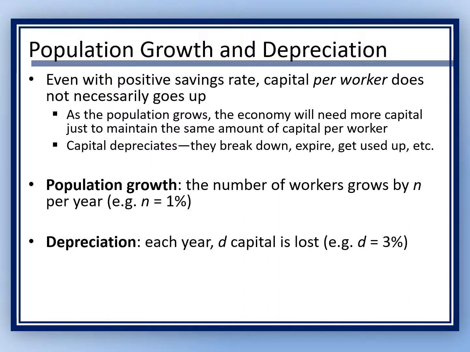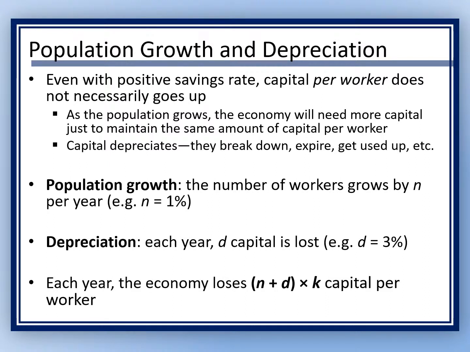And depreciation is also in percentage terms. It comes off your value, right? So let's say your laptop is worth $100, next year it's probably worth 90 because there's a 10% depreciation. So each year, the economy in total will lose the sum of population growth and depreciation multiplied by the capital you actually have per worker, right?